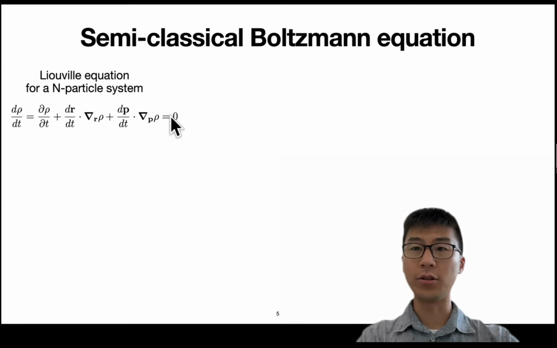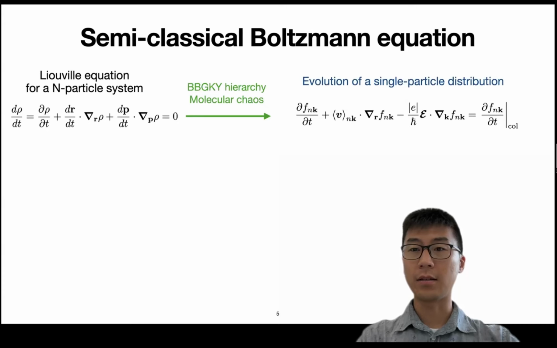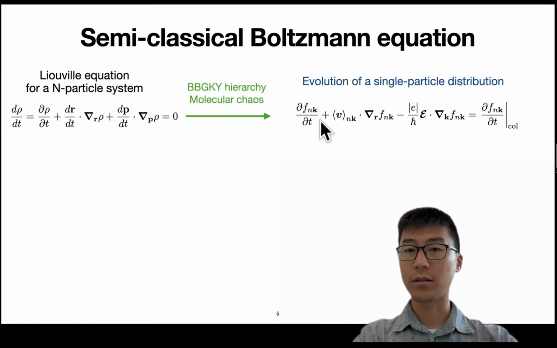Then you can reduce this equation in terms of a single-particle distribution instead of an N-particle distribution function. This process is called the BBGKY hierarchy. By assuming that the distributions of different particles are uncorrelated, by molecular chaos, we get the following equation.